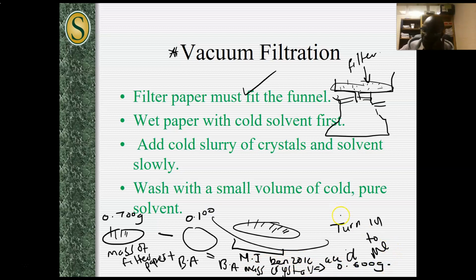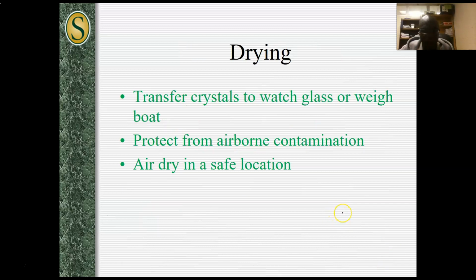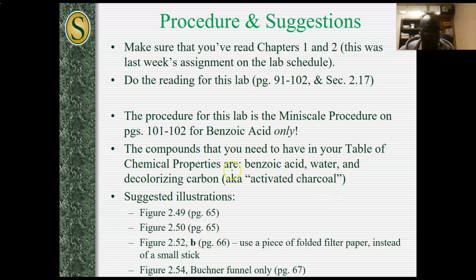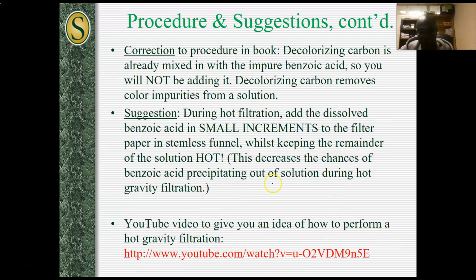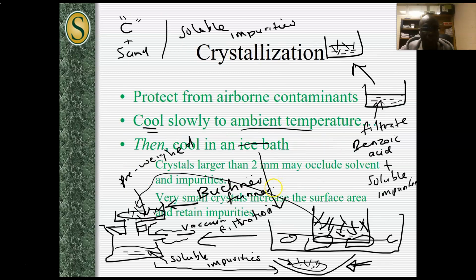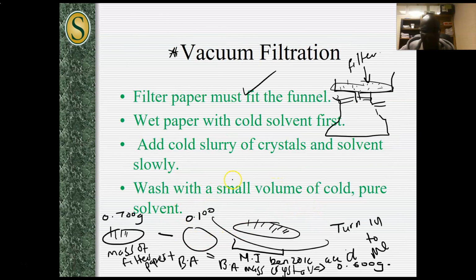Now, if you read your procedure, I think it tells you how much you'll be starting with. Let's assume you started with 1.5 grams of impure benzoic acid mixed with carbon. We'll see what your procedure says.